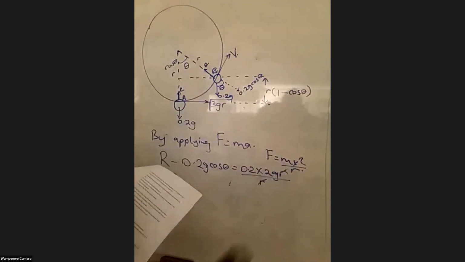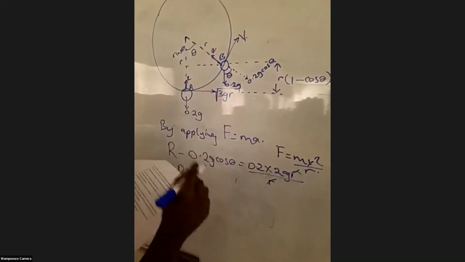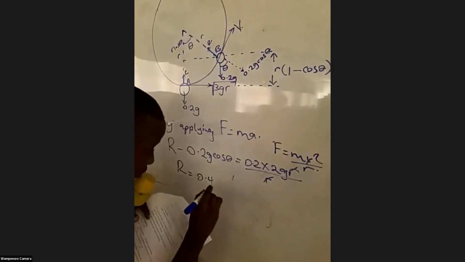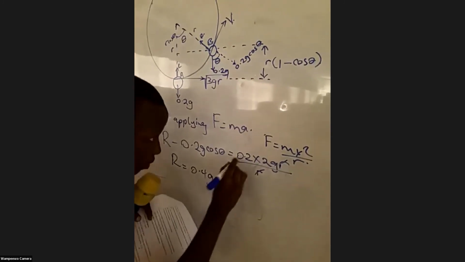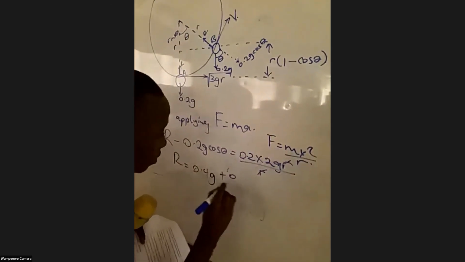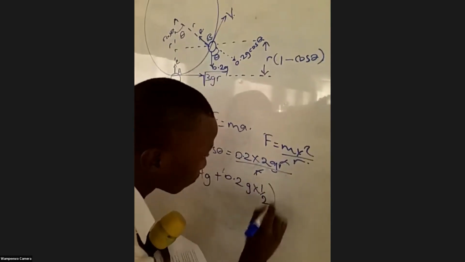This r can cancel out. Remember we had got that our theta is pi/3. So I'm going to have 0.4g plus 0.2g times a half.